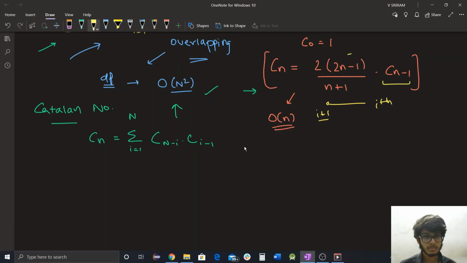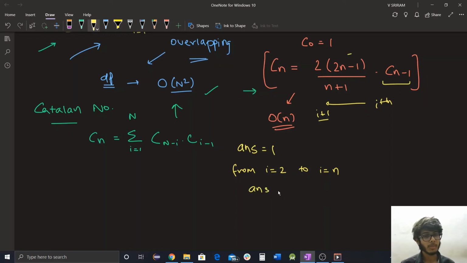So we can simply keep track of the ith Catalan number in a variable, that is answer, and we can iterate from i equal to 2 to i equal to n, and all we need to do is update the answer.